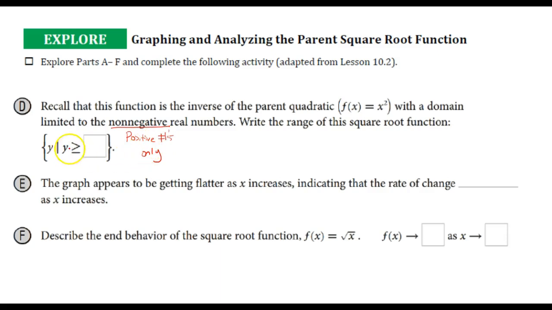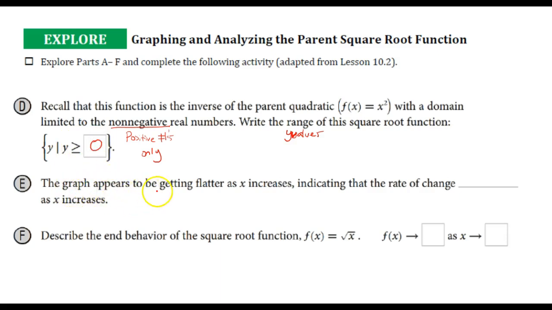And we talked about this in the last lesson, how y, which is our range, all these y values are going to be all the numbers that are greater than or equal to 0.